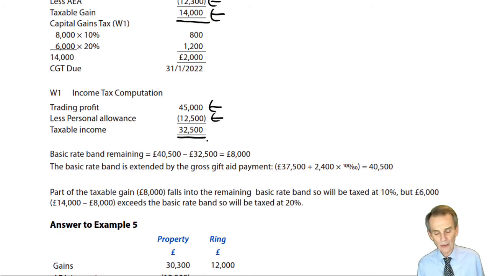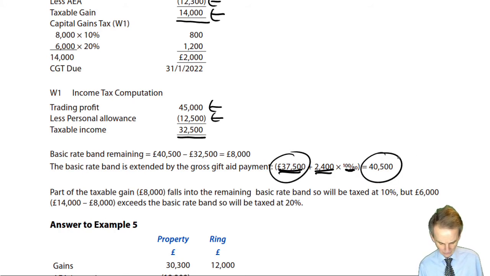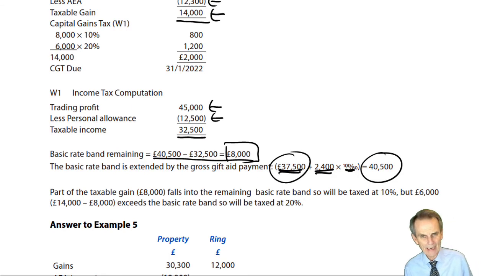Well, it's not 37,500 minus 32,500, because we need to extend that basic rate band of 37,500 by the gross amount of that gift aid, or had it been the case, personal pension contribution paid during that tax year. So that increases it from 37,500 to 40,500, meaning therefore that we've in fact got 8,000 remaining of our basic rate band.